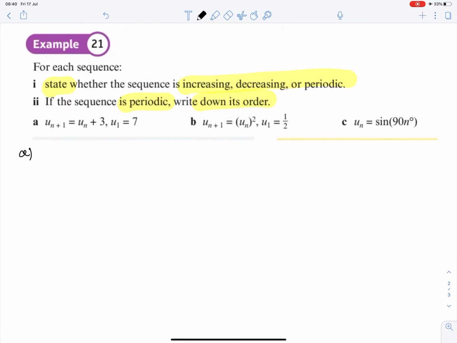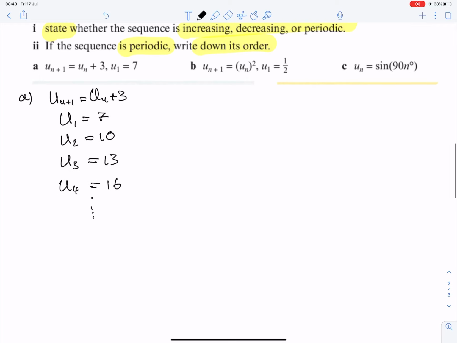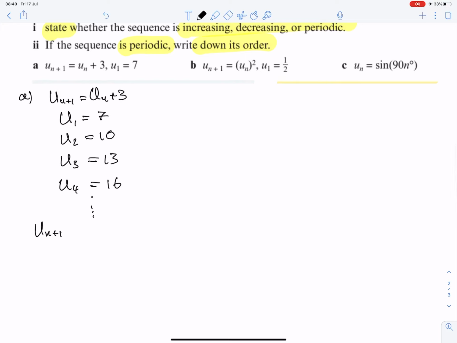So part A, un plus 1 equals un plus 3, u1 equals 7, so u2, we add 3 to it, so it's 10. u3, we add 3 to the previous term, so that's 13, u4 equals 16, etc. So this is clear that un plus 1 is greater than un for all n, a member of the set of natural numbers, therefore increasing.